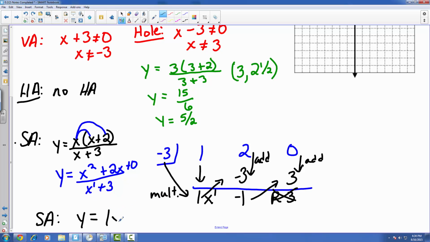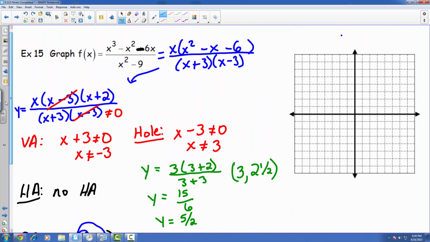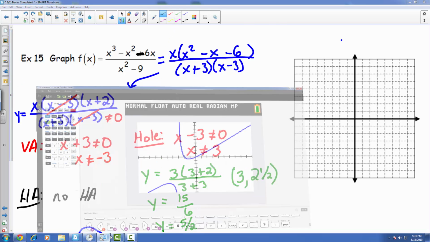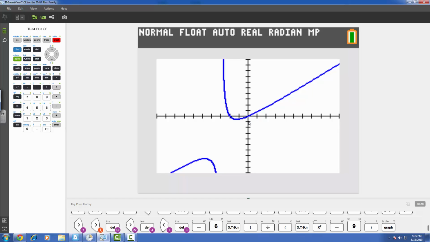So we have 1x minus 1. So when we graph that, you can actually see that if we have a y-intercept of -1 and a slope of 1, it kind of does follow that slant asymptote, at least the graph does.